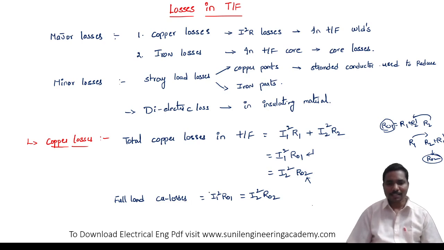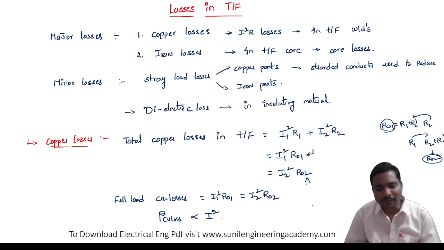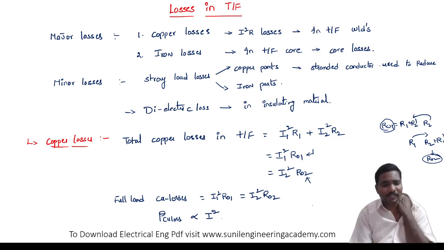Finally, what can you say from this? The copper loss is proportional to the square of the current. Copper losses, let us take PCU, is proportional to the current square. We know very well, as the load varies, current varies.